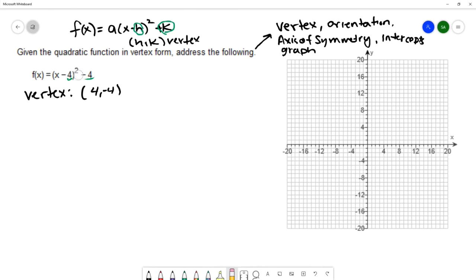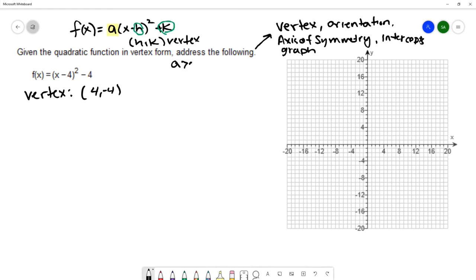The next thing we want to do is find the orientation. The orientation of a quadratic function is either up or down. The value of a will determine whether that quadratic is up or down.